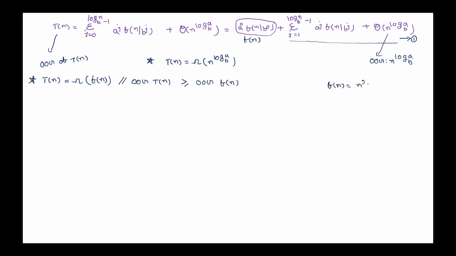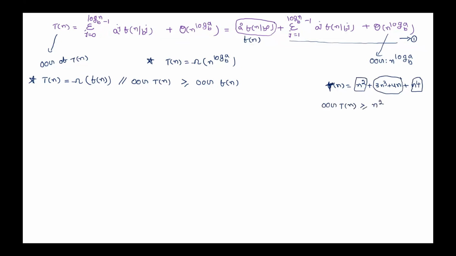Suppose T of n is n square plus 3n cube plus 4n plus n power 4. What can we say about the order of growth of T of n? The order of growth of T of n is greater than or equal to n square.